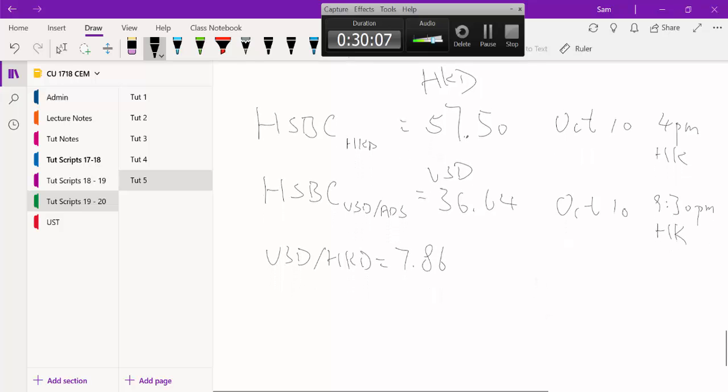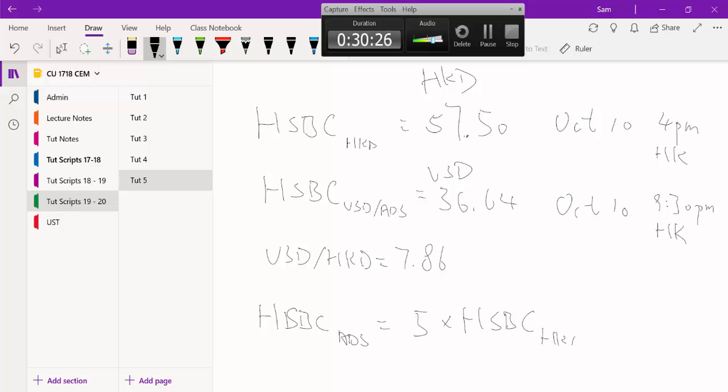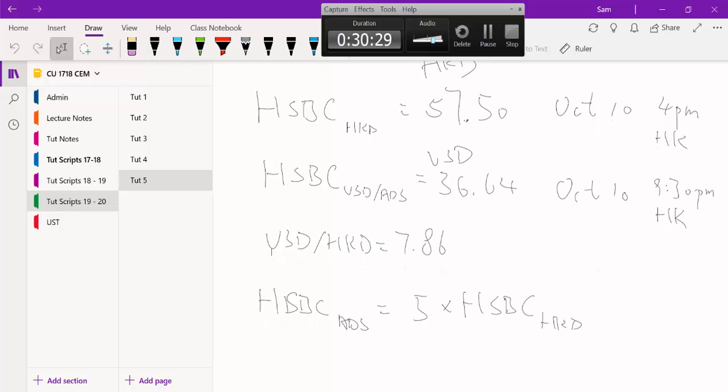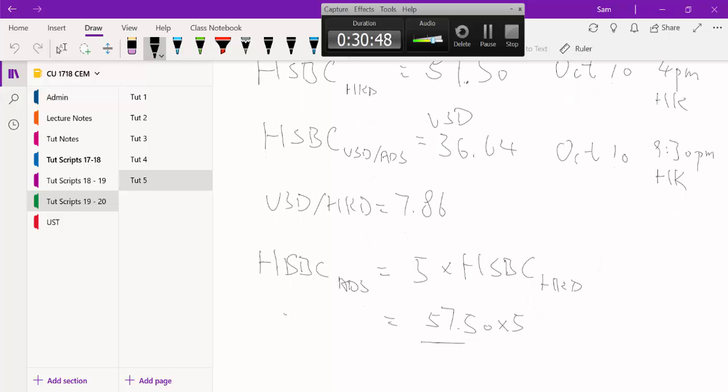And in the case of this ADR program, one HSBC ADS share is actually equal to 5 HSBC Hong Kong shares. Now, it's not always 5, but in this case, it is 5. So let's try and do the math. If you multiply 57.50, that's Hong Kong dollars, by 5, and you divide that by 7.86, what do you actually get?